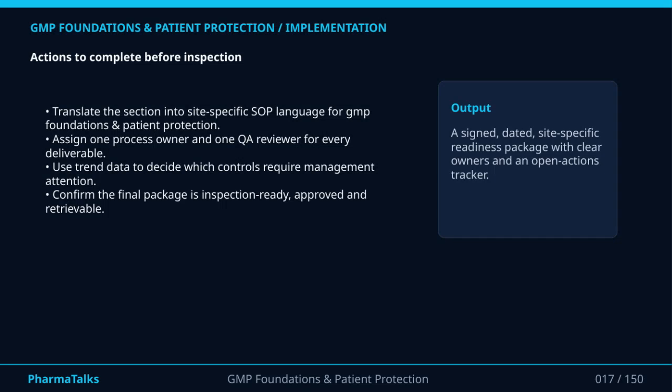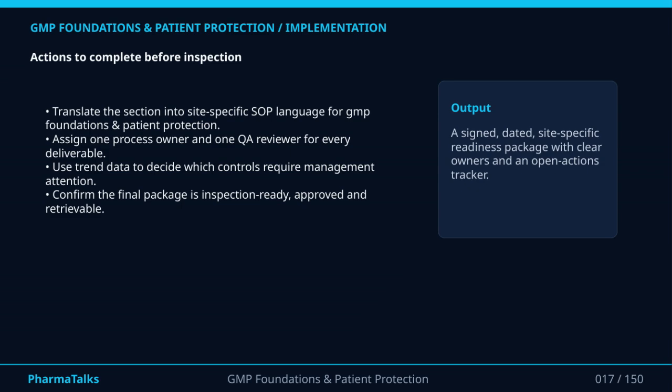Before an inspection, there are several critical actions we need to complete to ensure GMP foundations and patient protection are fully implemented. First, it's important to translate the regulatory section into site-specific standard operating procedures. This makes sure that the guidelines are clear and practical for our particular site.